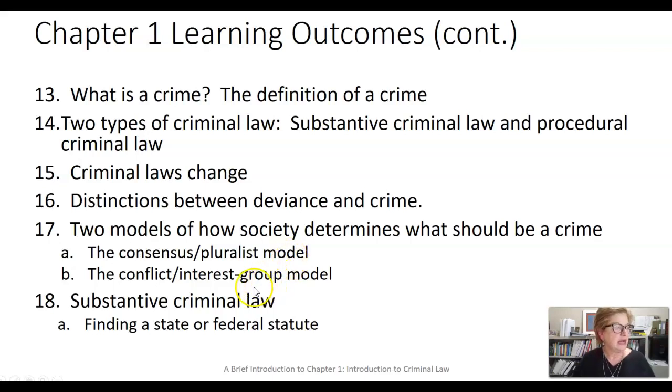We will then learn how to find the criminal law, both in federal criminal law and state criminal law, so that you'll know how to find it, should you have the need to do that. It's an important skill and a powerful tool to know: I can look that up, I know where I can find that.